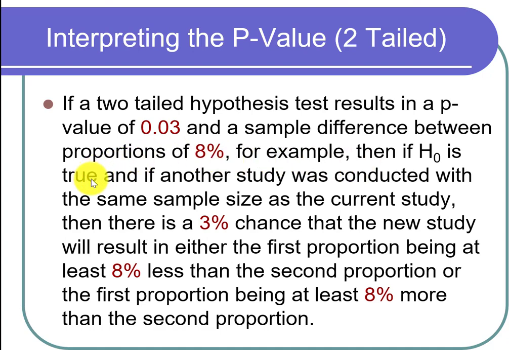Then if H naught is true, and another study was conducted with the same sample size as the current study, then there is a 3% chance, that's the p-value, that the new study will result in either the first proportion being at least 8% less than the second proportion, or the first proportion being at least 8% more than the second proportion. Another way of saying that is there's a 3% chance that the two proportions will differ by at least 8%. And that's how you interpret the p-value when you have a two-tailed test.